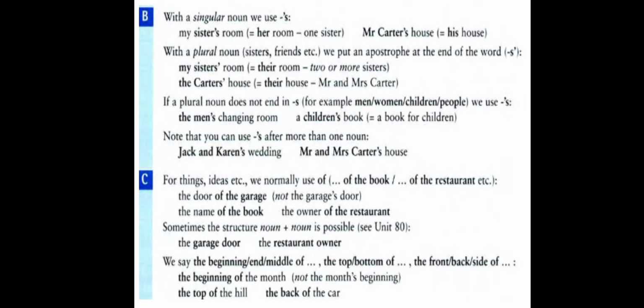We put apostrophe plus s on each of them, on both names, when they have separate things. Mr. Carter owns his own house and Karen has her own house. So we say Karen's and Carter's houses. But if both of them own the same house, then we put apostrophe plus s on the second name only.